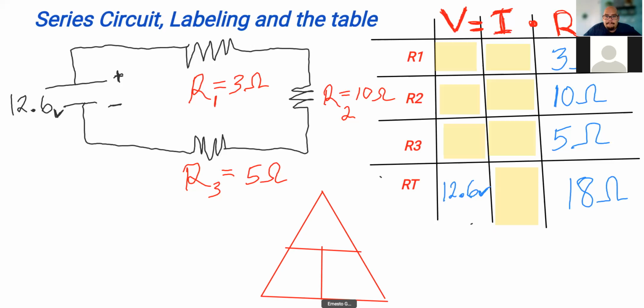At the very top, you have the V. Then we have I. Then we have R. So in this case, we are looking for I. So I'm going to cover the I, because that's what I'm looking at. So what comes up is I equals V over R.